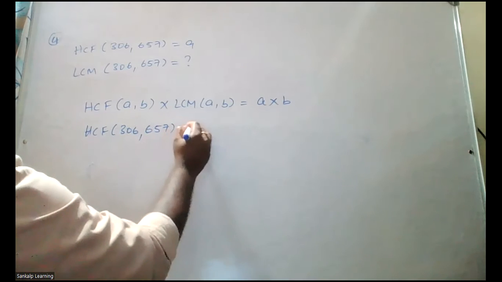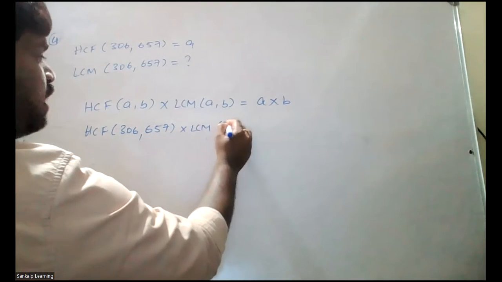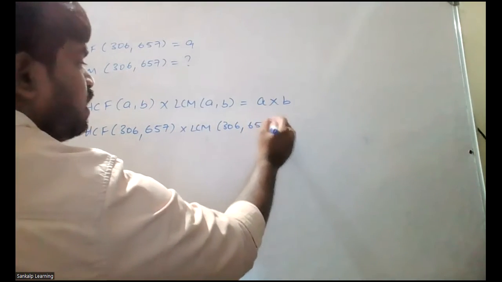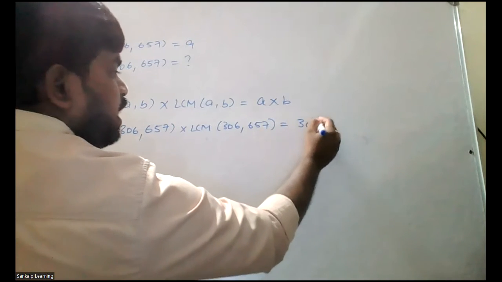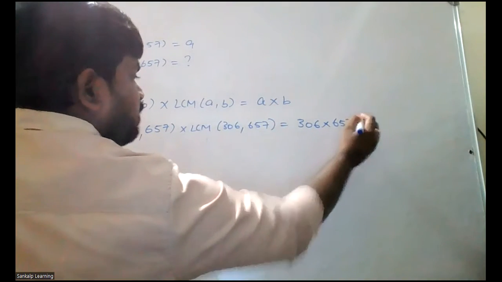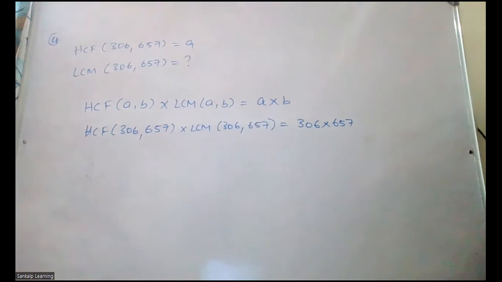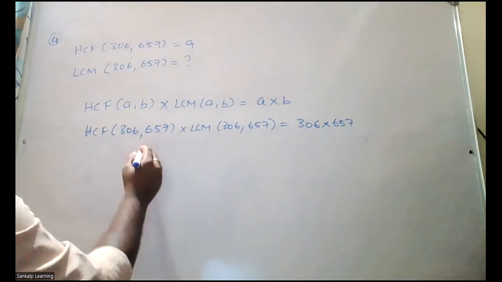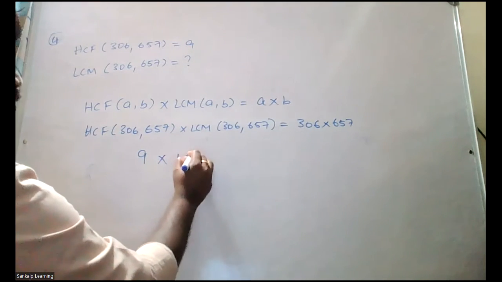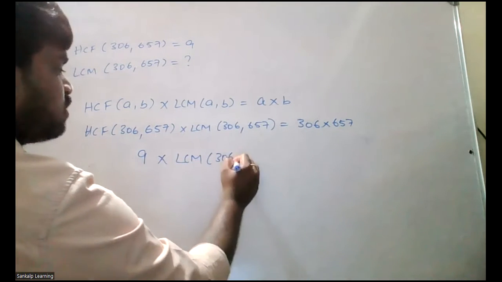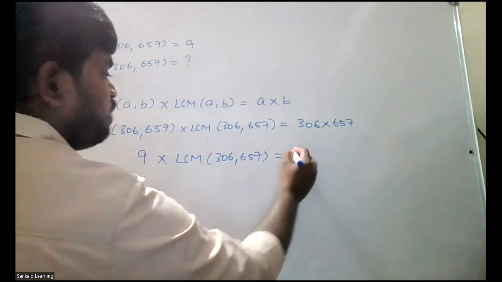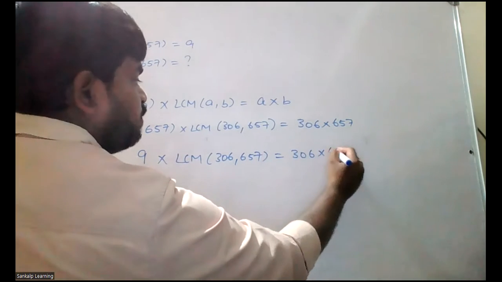Here our A value is 306, B value is 657. So the HCF into the LCM of 306 and 657 is equal to 306 into 657, isn't it? The HCF is given as 9. So 9 into LCM of 306 and 657 is equal to 306 into 657.